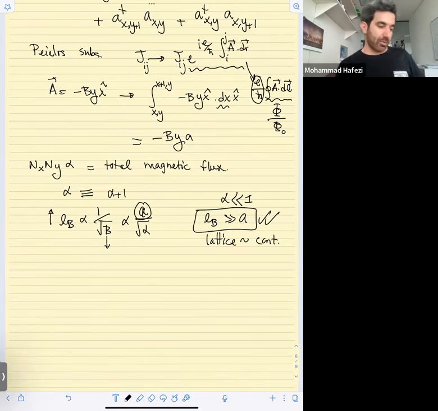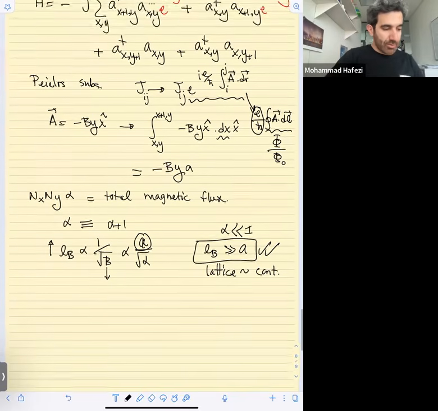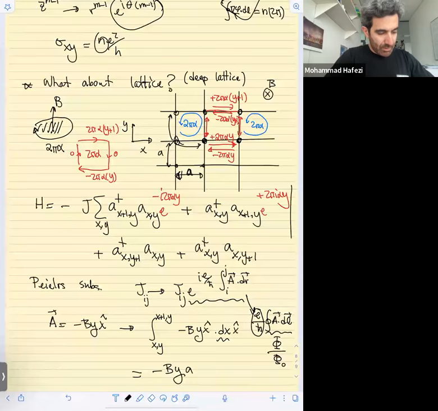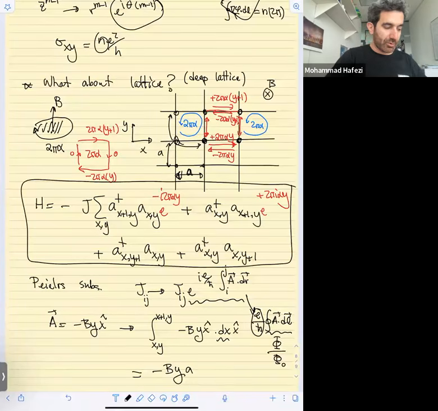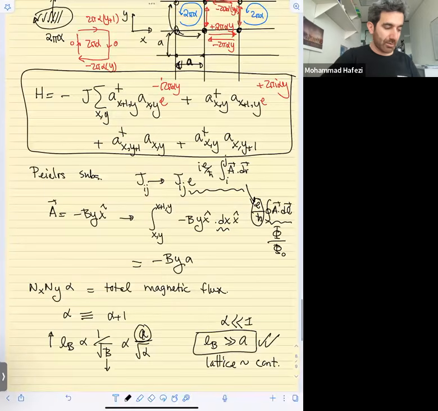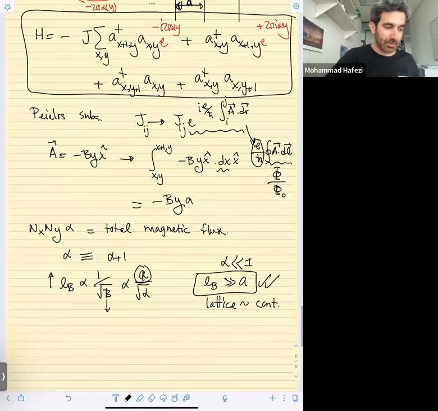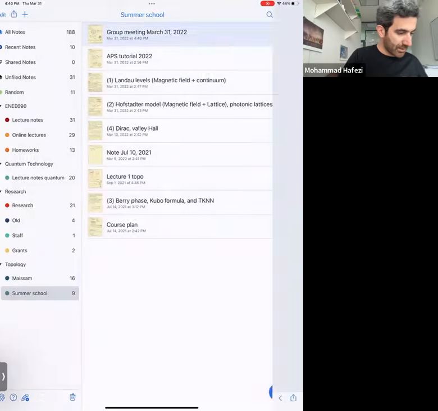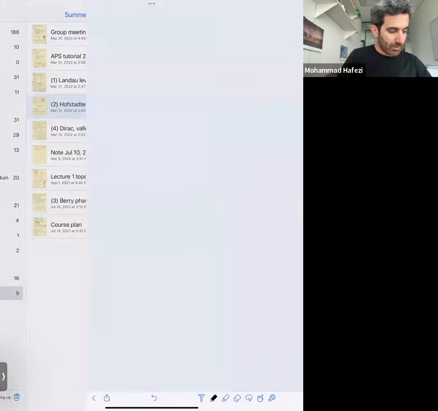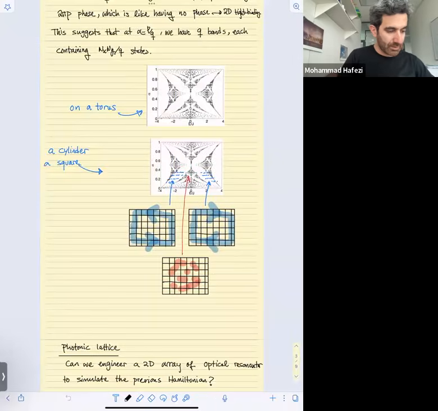Okay, so now what is the band structure of this Hamiltonian? One can, of course, numerically solve this, and Hofstadter actually did this a long time ago. What he realized is that it would become something like this.